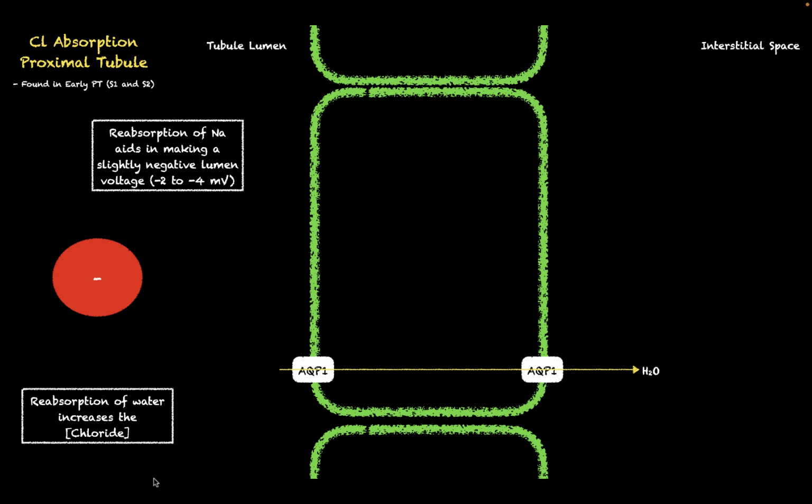So these 2 mechanisms work together in order to drive the paracellular transport of chloride across the wall into the interstitial space. Now remember that chloride can be transported paracellularly because the proximal tubule is very leaky. So it's both the negative voltage and the increasing chloride concentration that drives the reabsorption through this mechanism. So this mechanism is going to take place in the early proximal tubule, specifically segments 1 and 2.